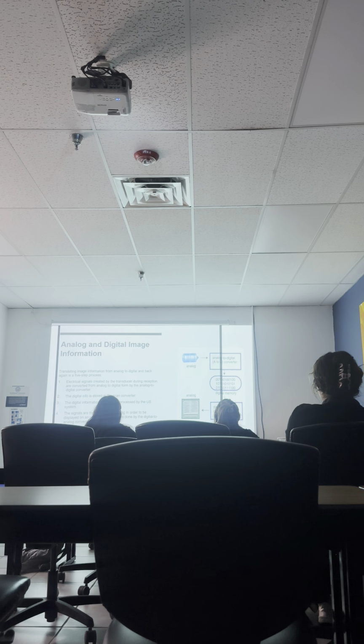The analog to digital converter stores it as digital memory, and then that digital memory is converted back into video and displayed. That all happens in the converter, in a 5-step process.